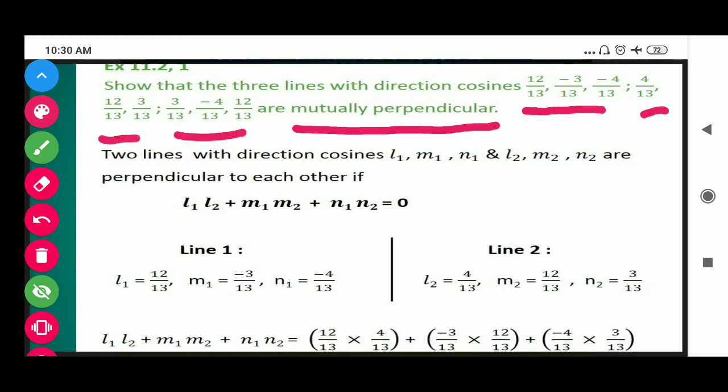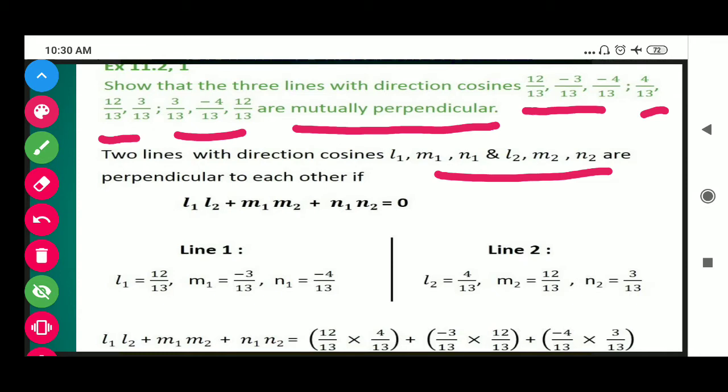We need to show that these three lines are mutually perpendicular. We know that two lines with the direction cosines are perpendicular to each other if l1 l2 plus m1 m2 plus n1 n2 is equal to 0. So we need to show that this condition will be satisfied.